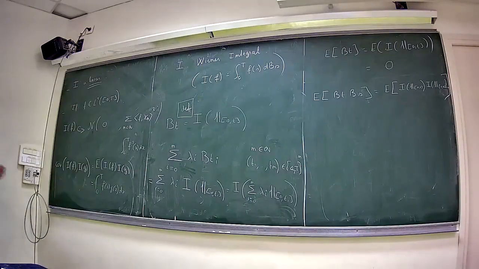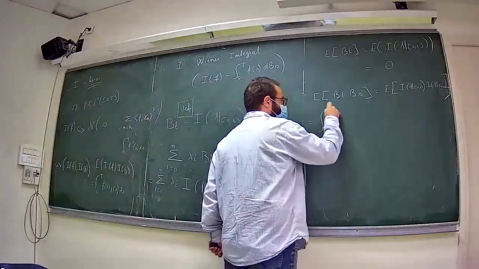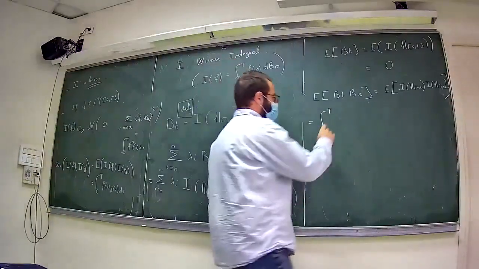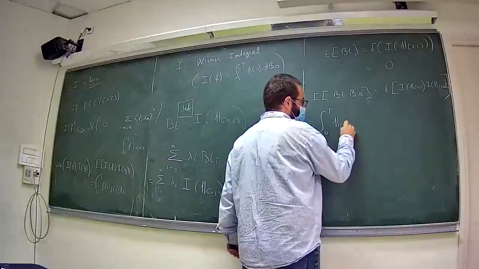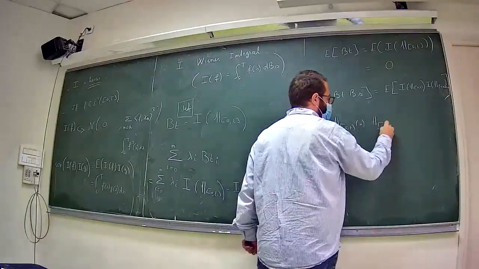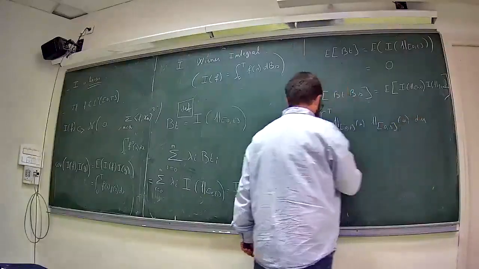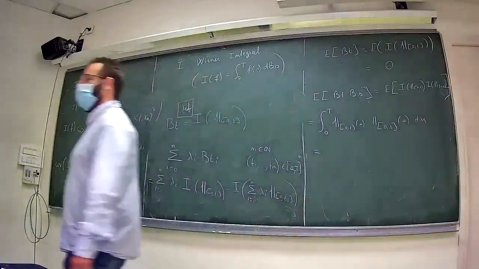So what I have here is just the integral between 0 and capital T of the indicator function of [0,t](u) times the indicator function of [0,s](u) du. What is this integral?